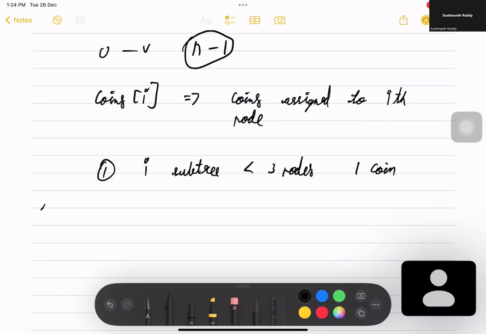The second criterion is: if the ith node's subtree has greater than or equal to 3 nodes, then in this subtree, let's consider 3 nodes and find the product of the assigned coins of those 3 nodes.